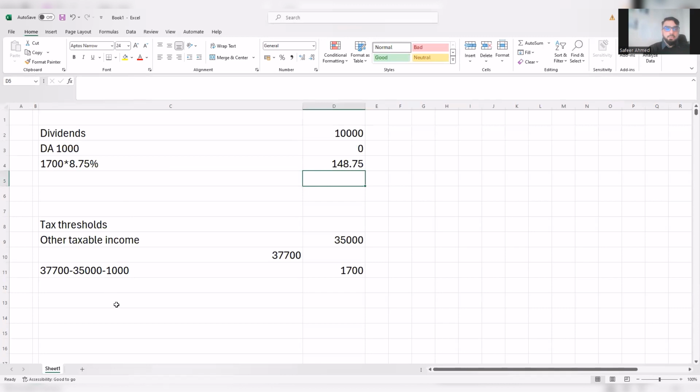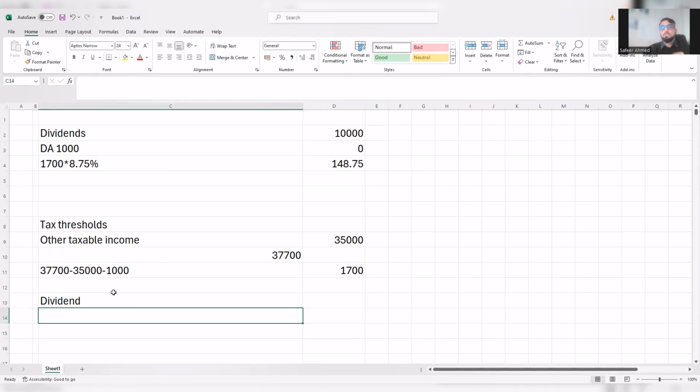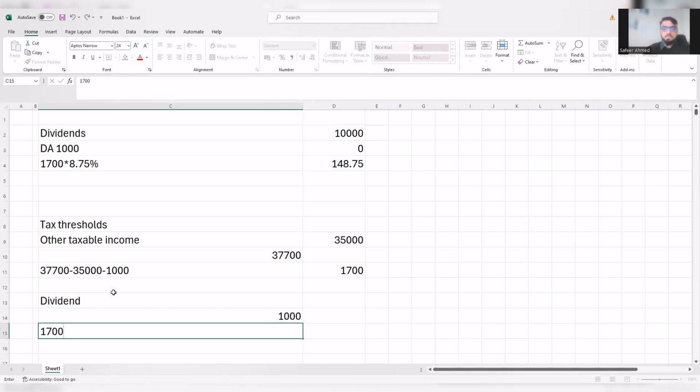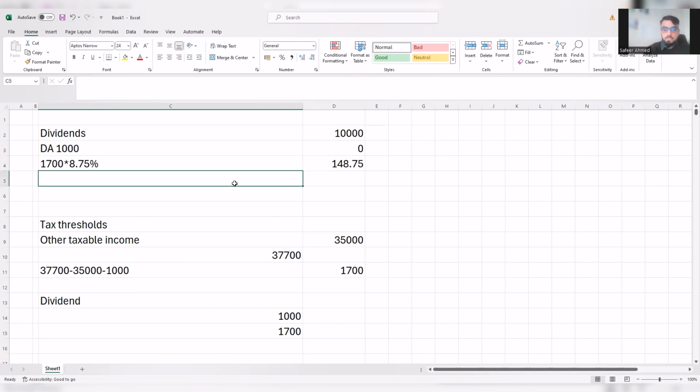You can always write on a rough work somewhere how much dividend has already been taxed. So you can see the 1,000 we already covered, which is the dividend allowance, and then 1,700 in the basic rate band. On the remaining dividend, it will be the higher rate of dividend tax. So how are you going to calculate it?